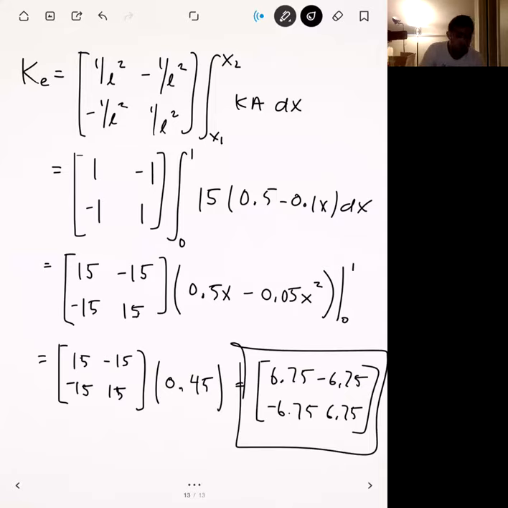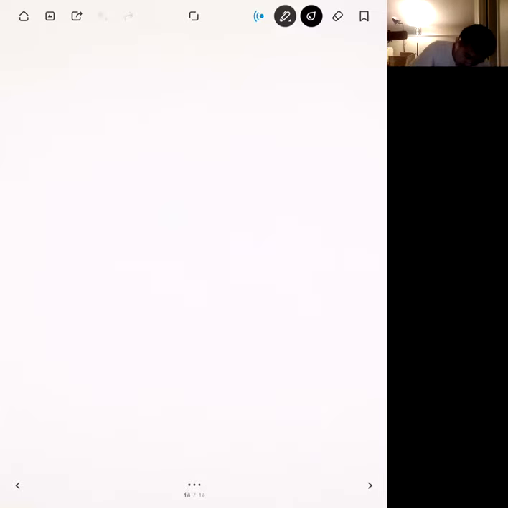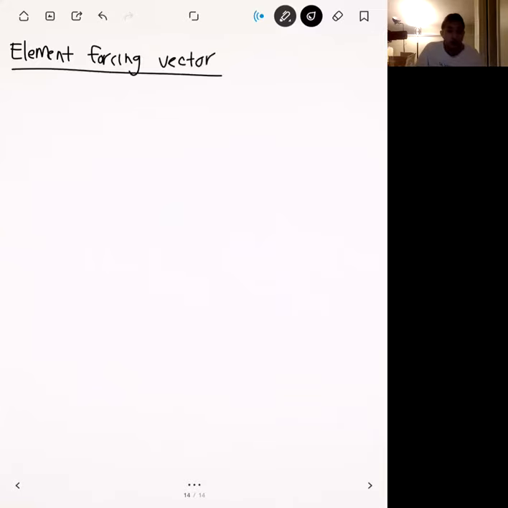Now let's work on the element forcing vector. All right, and so for the element forcing vector, we're going to use the same formula that we did before.